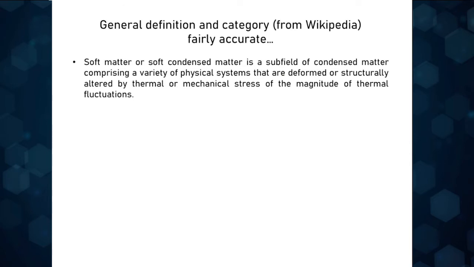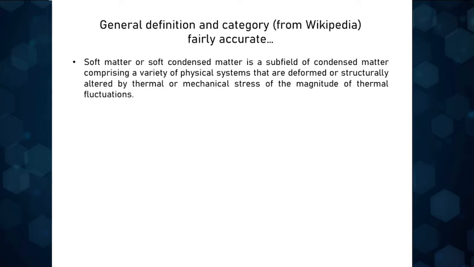So the general definition and the category of soft matter, for example, if you look at Wikipedia: soft matter or soft condensed matter is a subfield of condensed matter comprising a variety of physical systems that are deformed or structurally altered by thermal or mechanical stresses of the magnitude of thermal fluctuations.